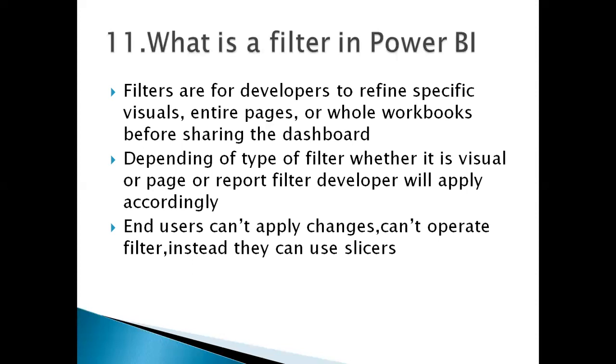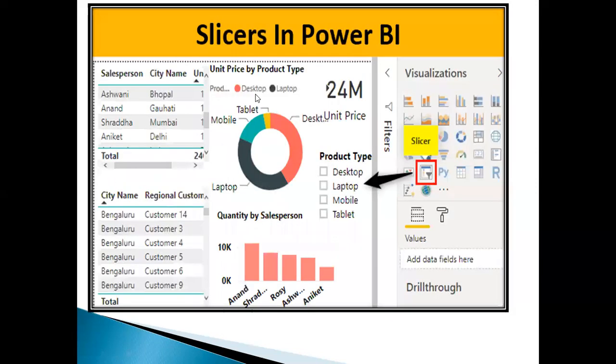The end users can't apply changes; they can only view the data in the filter. If they want to operate anything, they can use slicers instead of filters. Here you can see drop-down options which are used in projects. The filters are mainly used and viewed in this way.